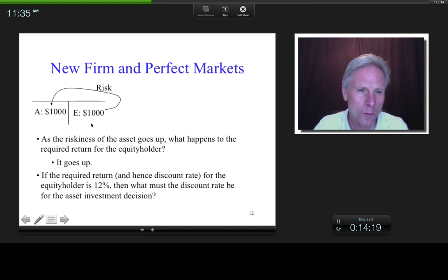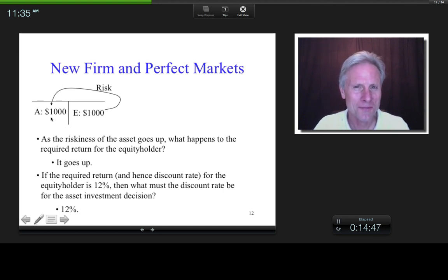I mean, does the overall risk on this side balance with the overall risk on the other side? It does, right? So if the overall discount rate or required rate of return on this side is 12%, then what is the required rate of return on the other side? In other words, the discount rate for the asset investment decision? Well, it's also 12%.